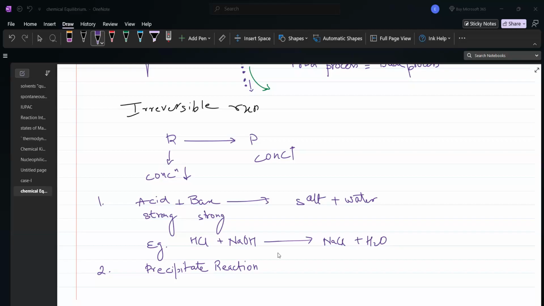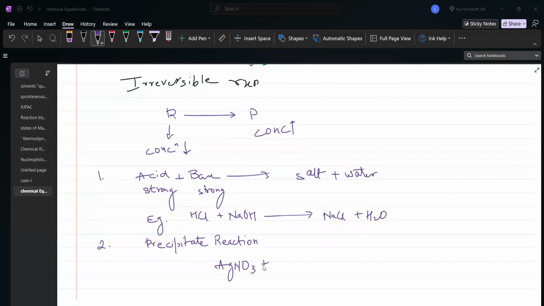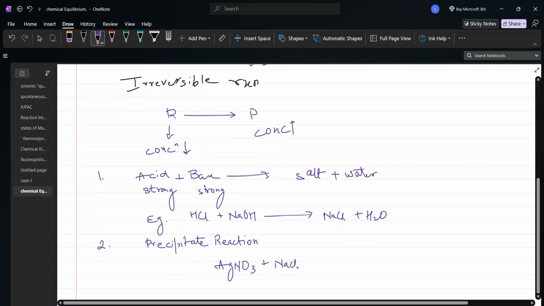So precipitation reaction. So what happens in this? For example, this is a very popular example. AgNO3, silver nitrate is reacting with NaCl. What will happen? AgCl will form plus NaNO3 will form.